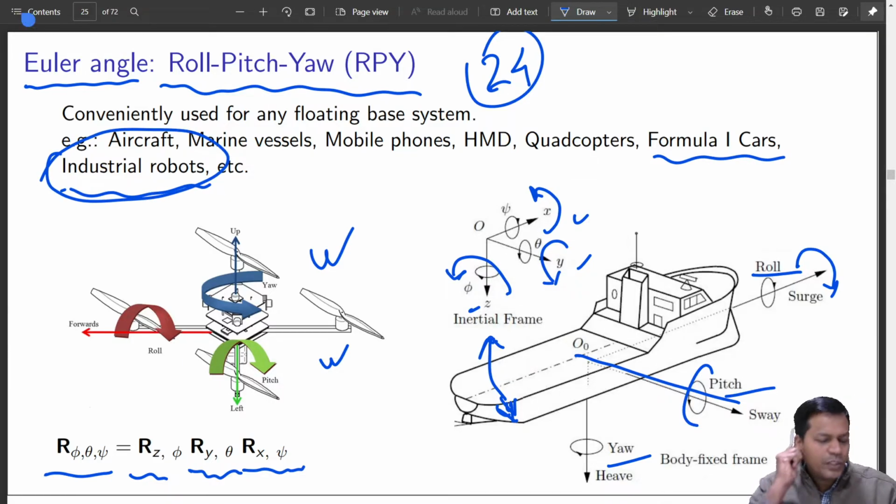So what we want to do is express the end effector orientation. Position, you can directly obtain by connecting the base frame to the end frame using a vector, and that becomes its position. Orientation is expressed in the Euler angle system using the RPY system, which is normally preferred in the case of industrial robots.